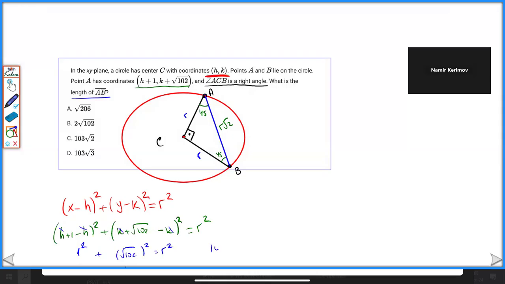So it's 1 and 102, so 103 is radius squared. So radius is root of 103, okay? And the length AB equals r root 2, which means root 103 times root 2, which is root 206. Answer A.